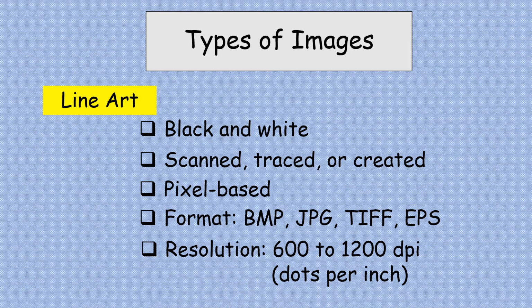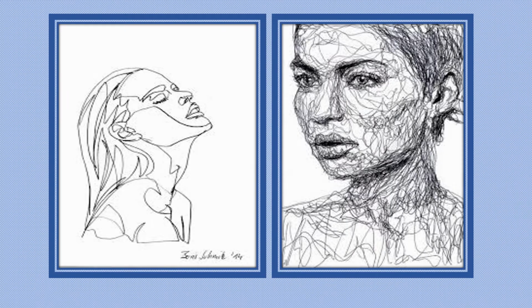The resolution is higher than the standard resolution of 300 dpi and ranges about 600 to 1200 dpi. Dots per inch, or dpi, is used to measure the resolution of an image on screen and in print. So this is the example of line art.